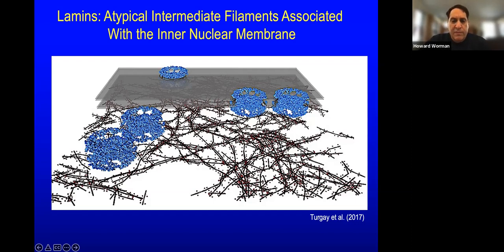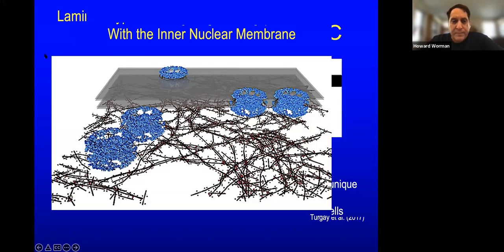And you see our beautiful reconstructed image of the nuclear lamina with nuclear pore complexes. This is the inner nuclear membrane, the outer nuclear membrane, and this is pretty much our picture of the nuclear lamina today. So, intermediate filament proteins that are different in some regards from their cytoplasmic counterparts, associated here with the inner nuclear membrane.